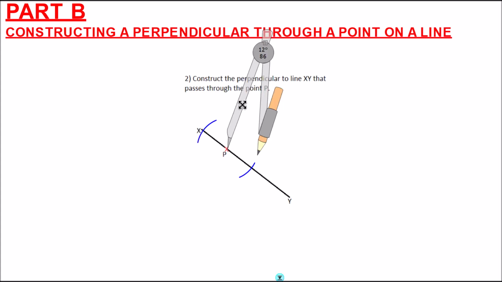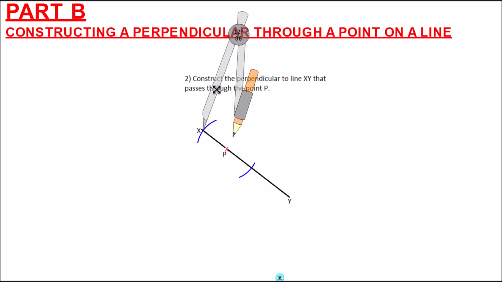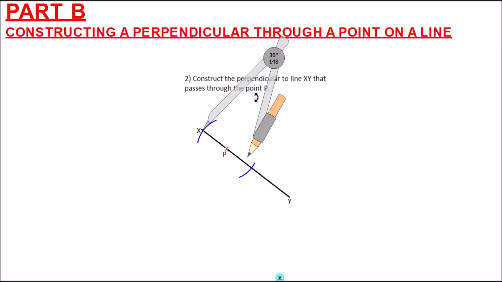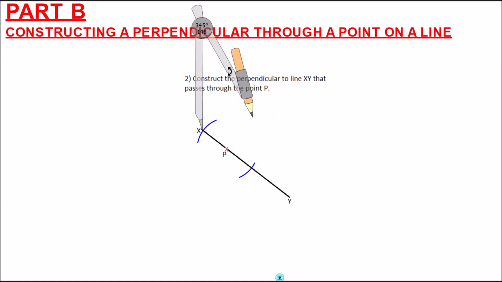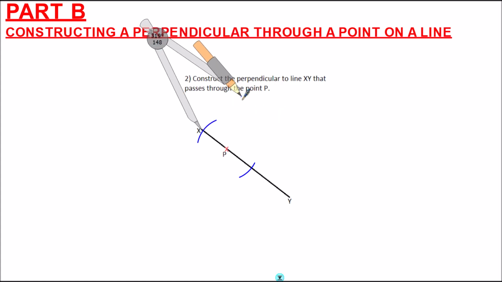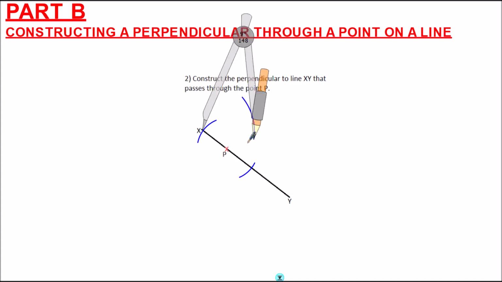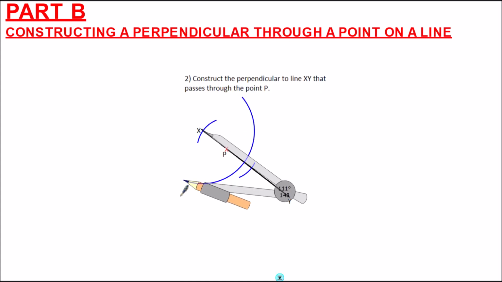Then what we're going to do is now we widen the compass width for this stage, widen it once and then keep it the same. So the width of the compass becomes about 3/4 of the way along from one bit where the line's cut to the other bit where the line's cut. We're now going to do a semicircular curve from one end, where one curve cuts the line.